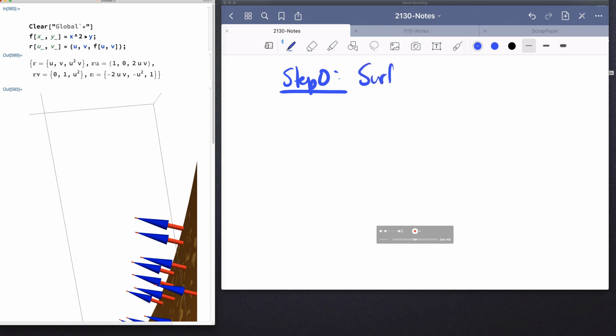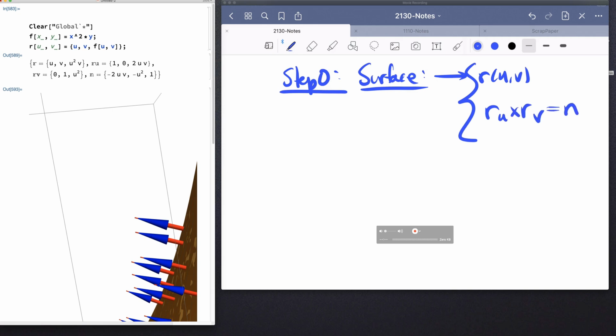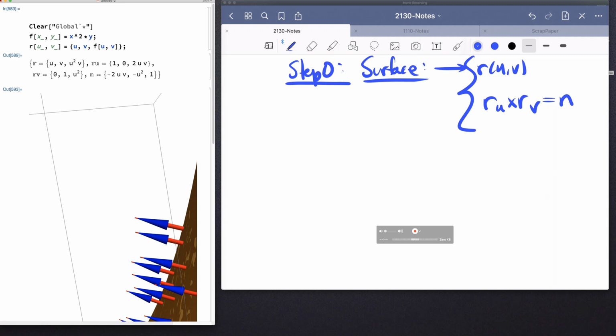If you have a surface, your goal is to write it as a parametric function and then find r_u cross r_v, the normal vector to that surface. So here we have an example. r of u, v is u, v, and then the function was x squared y, so our function is u squared v in the z entry.